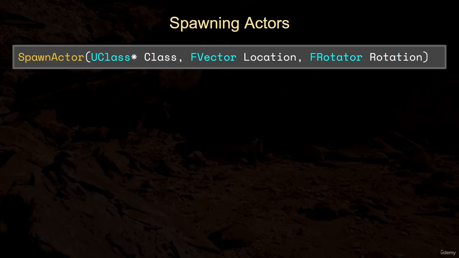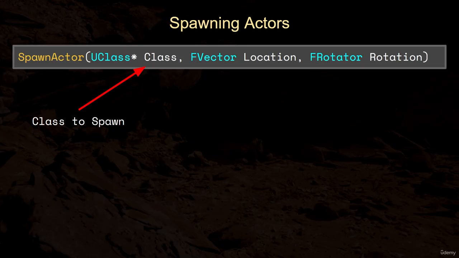Well, we know that SpawnActor is a template function, and we specify a type in C++, and that determines what C++ class is spawned. But UClass is an additional class parameter. It's kind of like the type we pass into the angle brackets, only UClass allows us to specify more than just a C++ class. We can specify a Blueprint class.